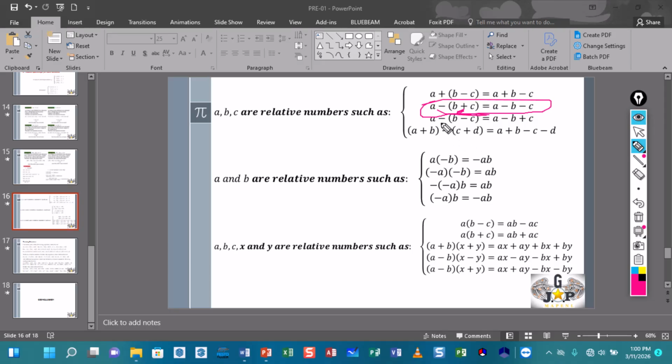Why? Minus times plus gives you minus. Minus times minus gives you plus. Same thing here. Plus times minus gives you minus. Minus times minus gives you plus. Minus times minus gives you plus. Minus times plus gives you minus. So we are just obeying this rule, right here.